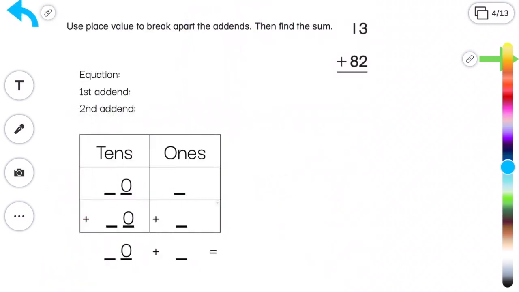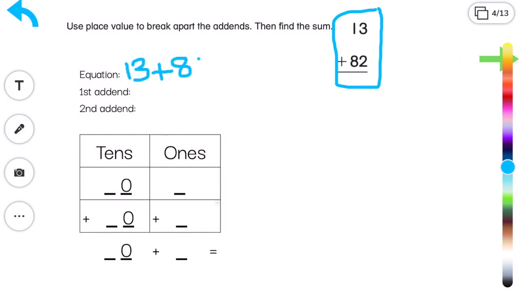Here is our first equation, 13 plus 82. I'm going to rewrite the equation right here so I can clearly see what are my first and second add-in. The first add-in is 13. The second add-in is 82. So now let's break apart the add-ins.